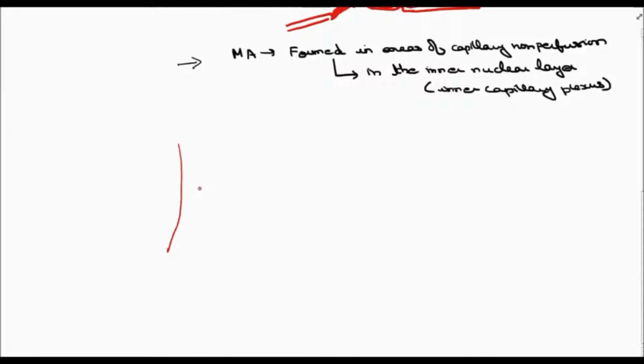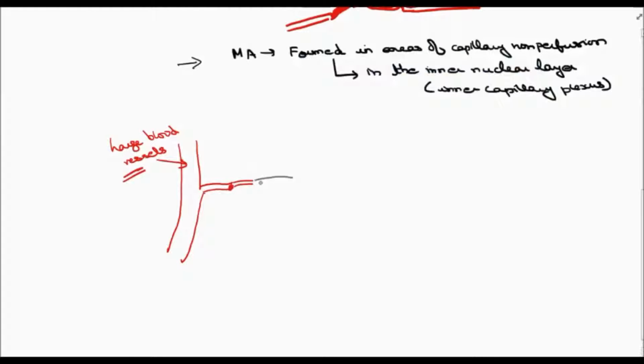Now this is a large blood vessel which forms a tuft of capillaries. Because of the diabetic retinopathy changes, there might be a formation of a thrombus or a constriction around those vessels, so that the capillary bed doesn't receive blood supply after some point.